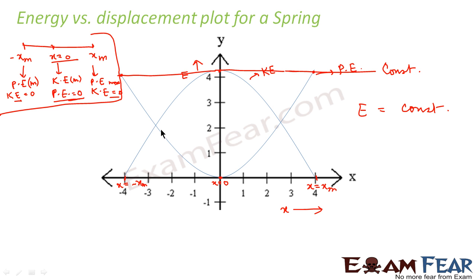However, the kinetic and potential energy in themselves keep changing, but altogether total energy is remaining constant. Right? So I think this graph made your idea even clearer about the change of energies. So now that we have discussed what is work, what is energy, what is kinetic energy, potential energy, what are the relationships between work and energies.